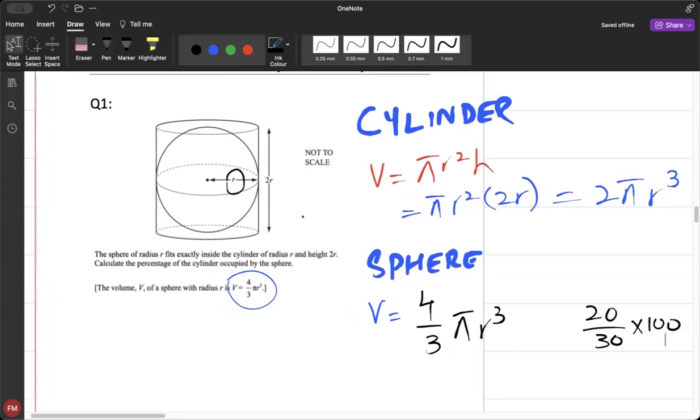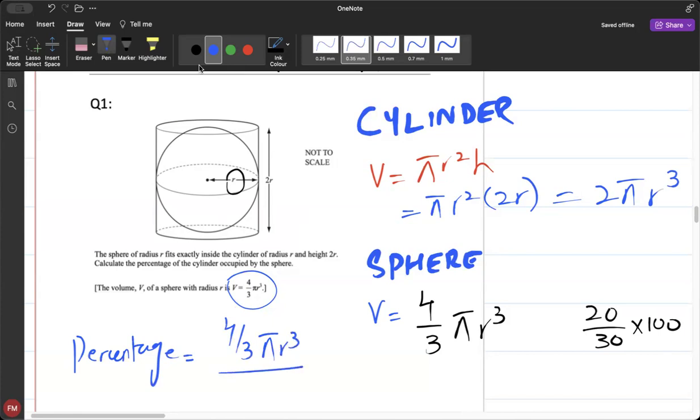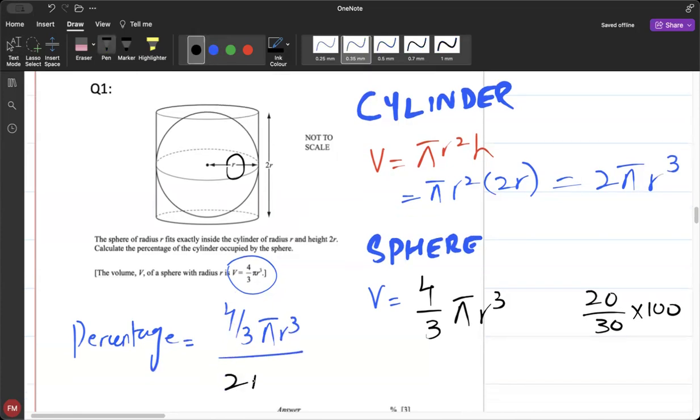Now, my question to you is, which shape is inside? So I had a cylinder, and inside the cylinder, I'm having that sphere. So if I were to figure out the percentage, shouldn't the sphere be inside? Which means we should have 4 over 3 pi r cubed in my numerator. In my denominator, I should have this 2 pi r cubed, and then times 100.